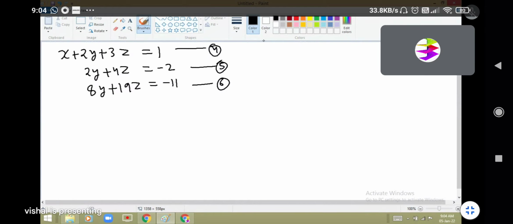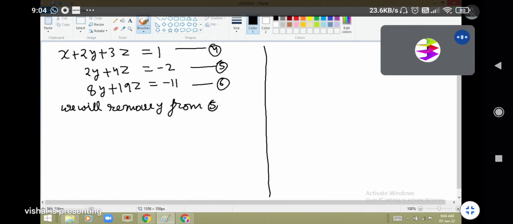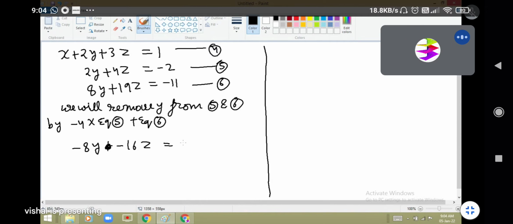Okay, what is our next step? We will remove y from 5 and 6. By what will we do it? -4 multiplied by equation number 5 plus equation number 6. Equation number 5 we multiply by -4, so -8y minus 16z is equal to 8.